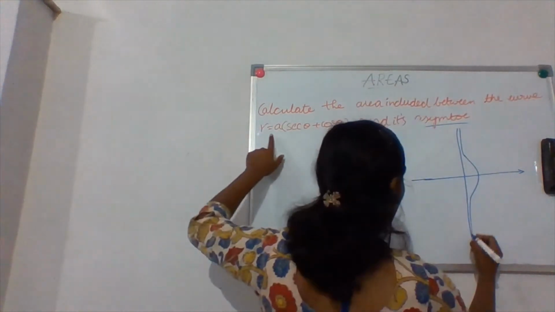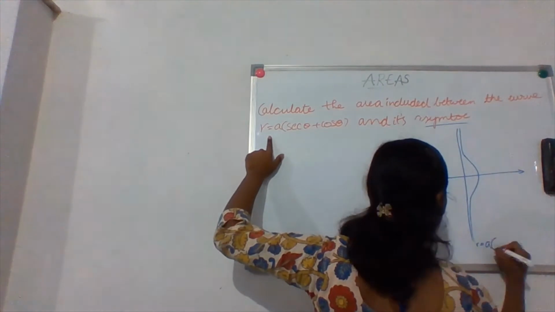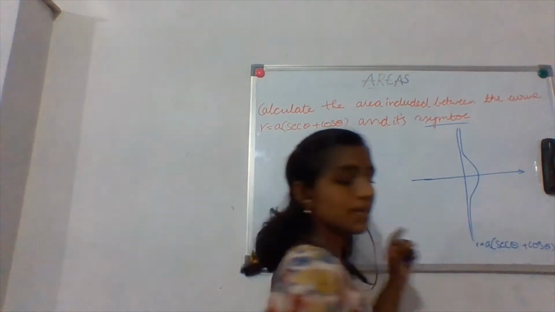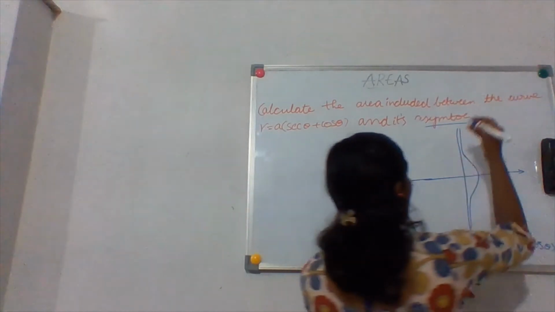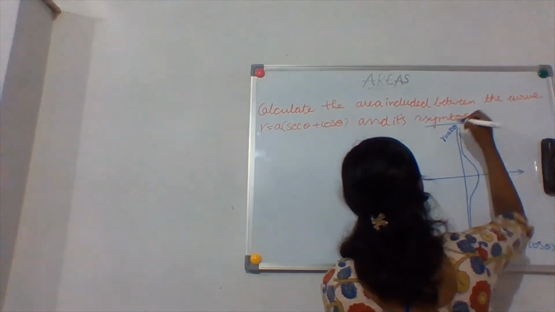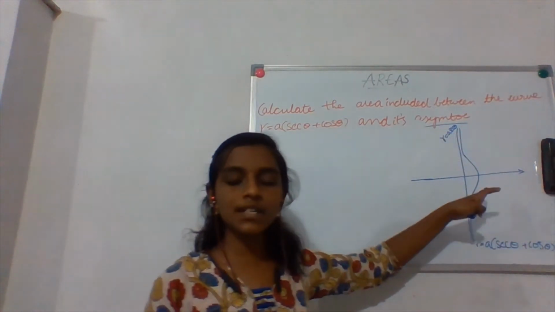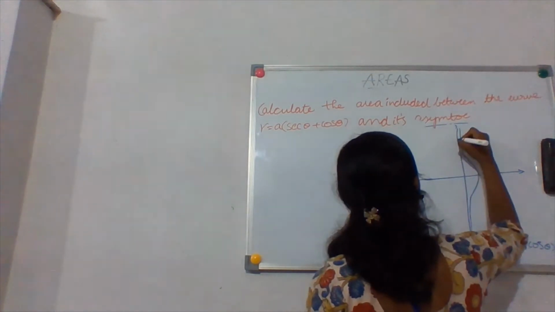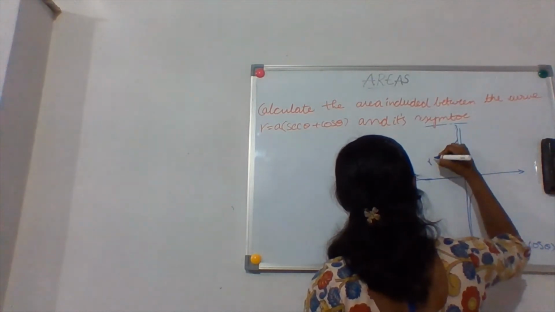So this is the curve r equals a of secant theta plus cos theta, and the asymptote of this curve is r equals a secant theta. I will write it more clearly if you are not able to see it.